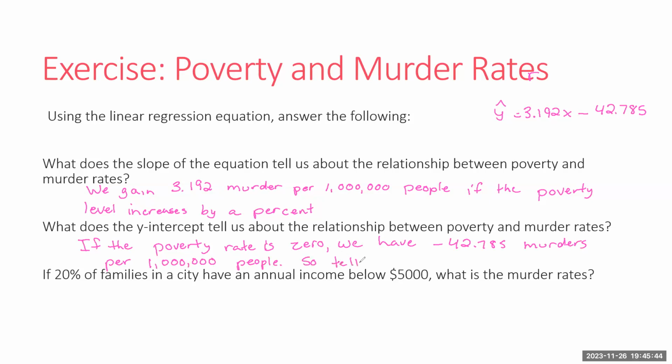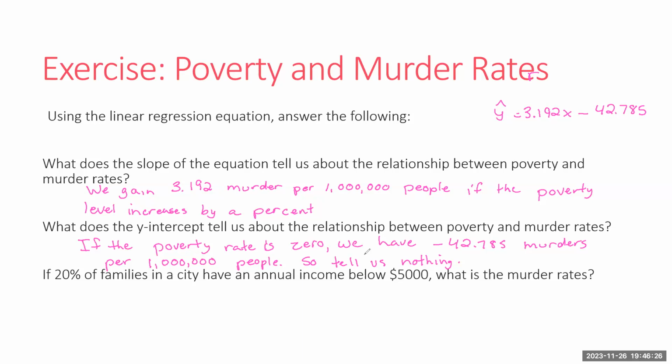So in this case, it doesn't tell me anything because that's a ridiculous thing. We can't have negative murder rates. So slope usually tells us something that's useful. Y-intercepts don't always do that. What that's probably telling me is that there's maybe a baseline of murder rates you expect to see, and that at some point it doesn't stay linear. And that happens a lot. Part of our models are linear, but when we start getting close to the edges, like if we got to 100% poverty rates or 0% poverty rates, things start acting weird.